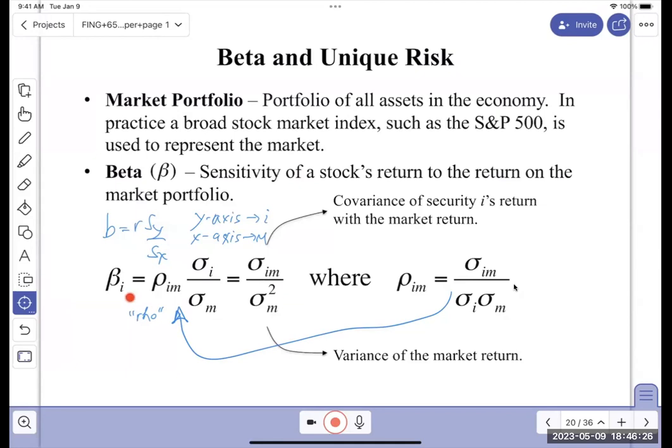That's the beta sensitivity. Beta is the sensitivity of stock market returns to the market portfolio. So this is another interpretation. This is a formula that I'll use as well as the other one, because sometimes it's just easier to calculate 2 statistics rather than 3, like in this case here.